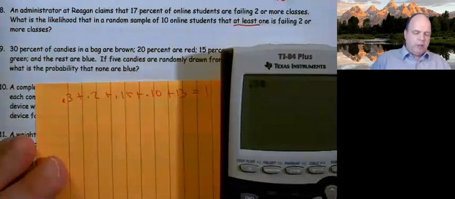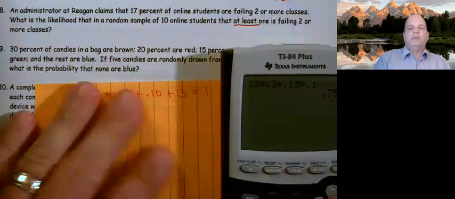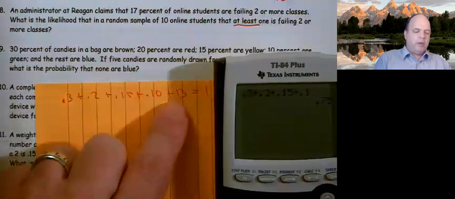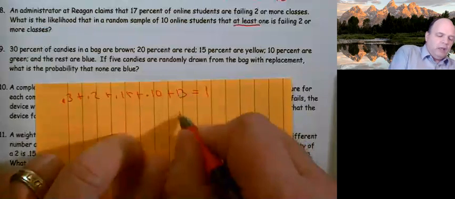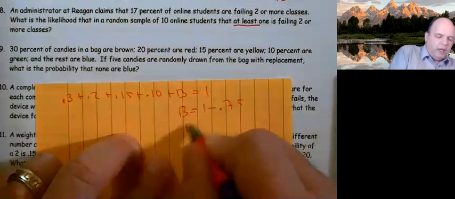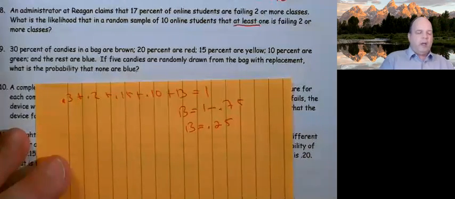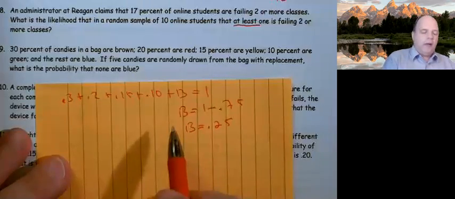So 0.3 plus 0.2 plus 0.15 plus 0.1 equals 0.75. So B equals 1 minus 0.75. So B equals 0.25.